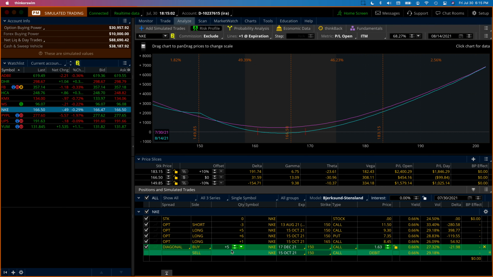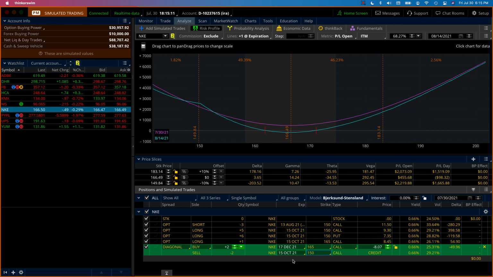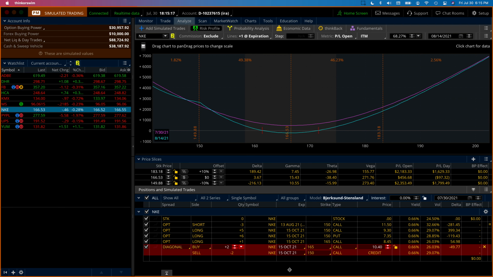Okay, and I said 2 of them can be rolled over to 165, just like the one that I already rolled. Not to December, we need to change the date to the exact same. And look, it becomes very neutral, and we have a credit of $1,040.